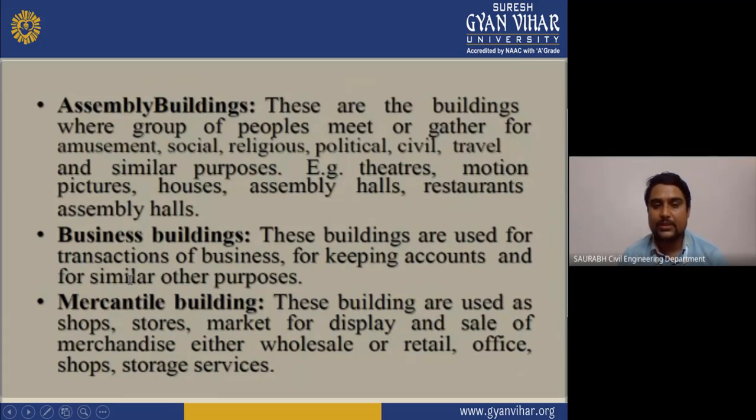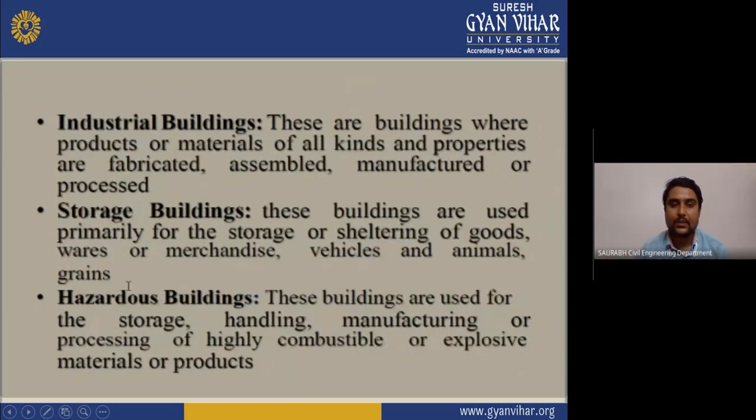Now come on the business building. These buildings are used for the transaction of business, for keeping accounts, and for some similar other purposes. Mercantile building, these buildings are used as shops, stores, markets for display and sale of merchandise, either wholesale or retail, office, shop, storage services.